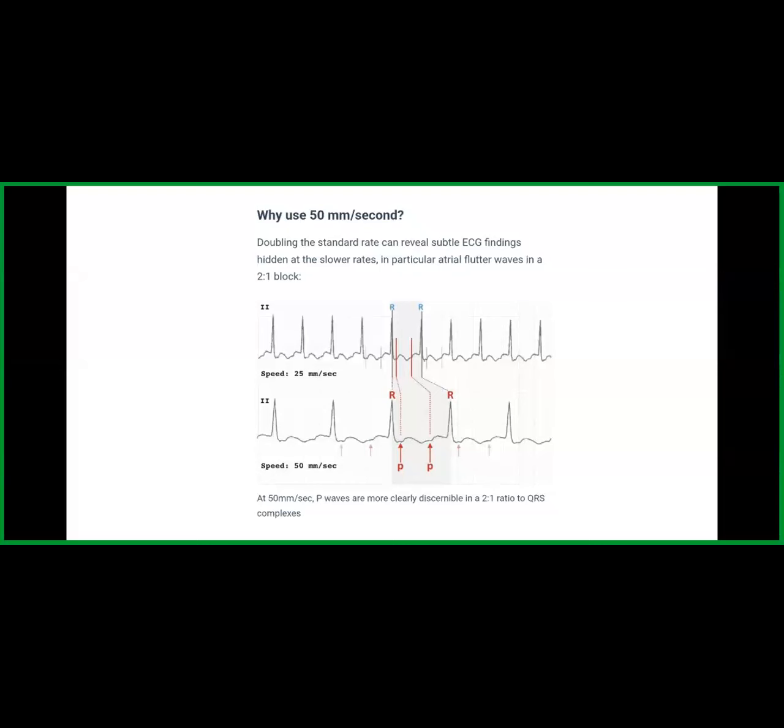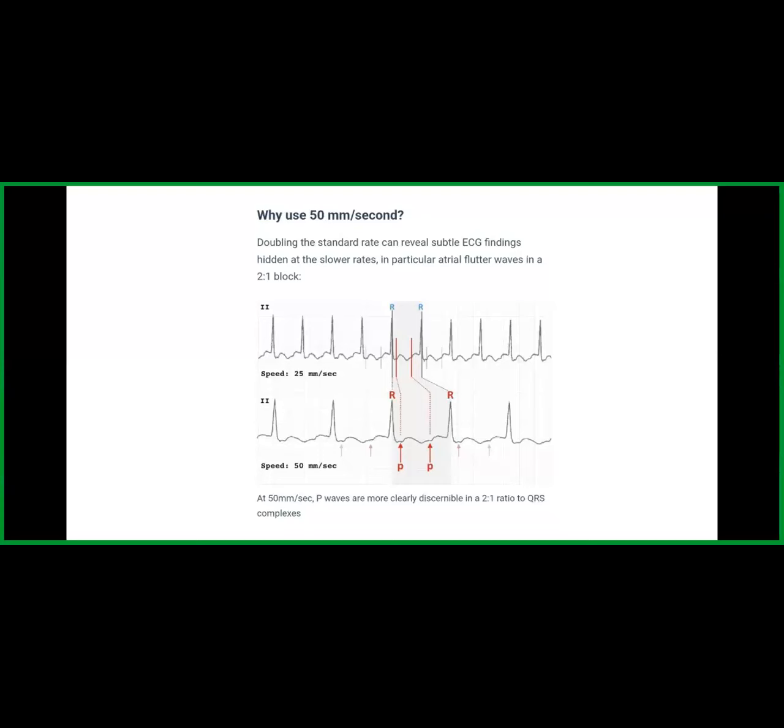In the initial stages, when you are not very comfortable analyzing ECG, this speed increment on your monitor is going to help you understand the P wave morphology and how it is associated with subsequent contraction. In this example, in the upper part of the graph, the first P wave is not associated with any QRS complex, but the second is.